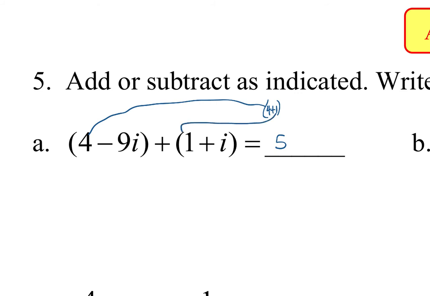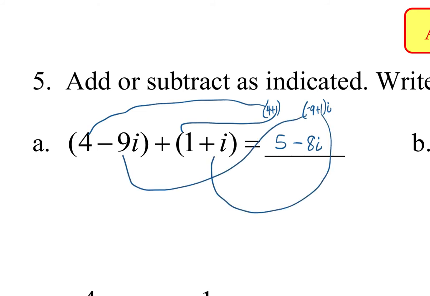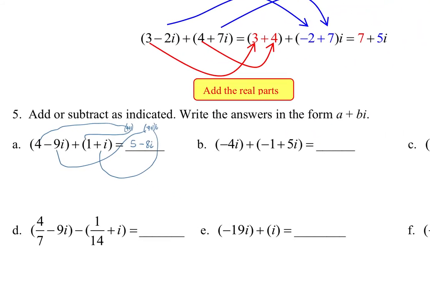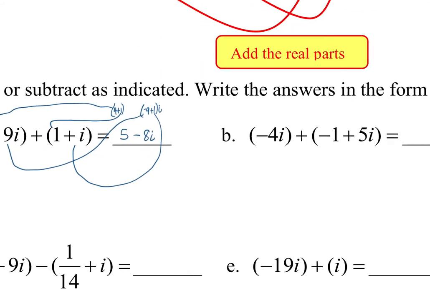And -9i plus 1i is -8i. What I was saying is -9 plus 1, and we had an i, and so the -9 came from right here, and the 1 came from right there. That's confusing, in the way it's crisscrossed.